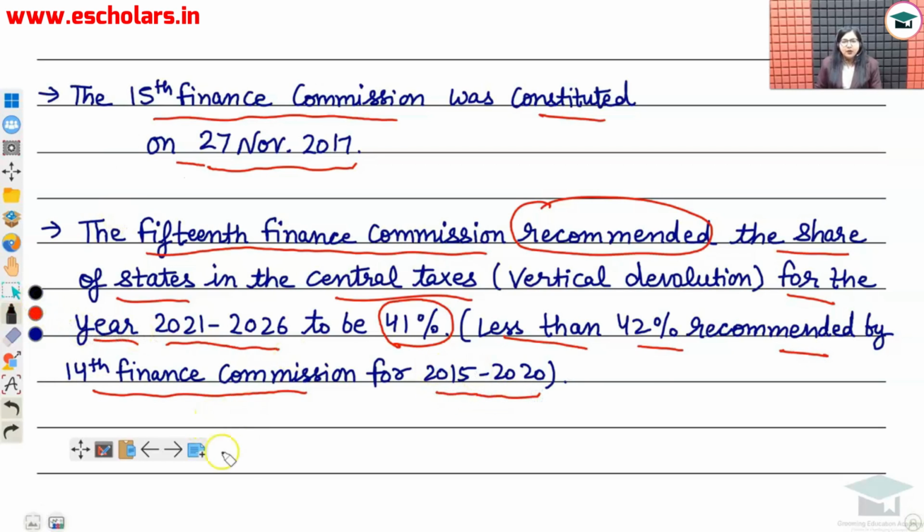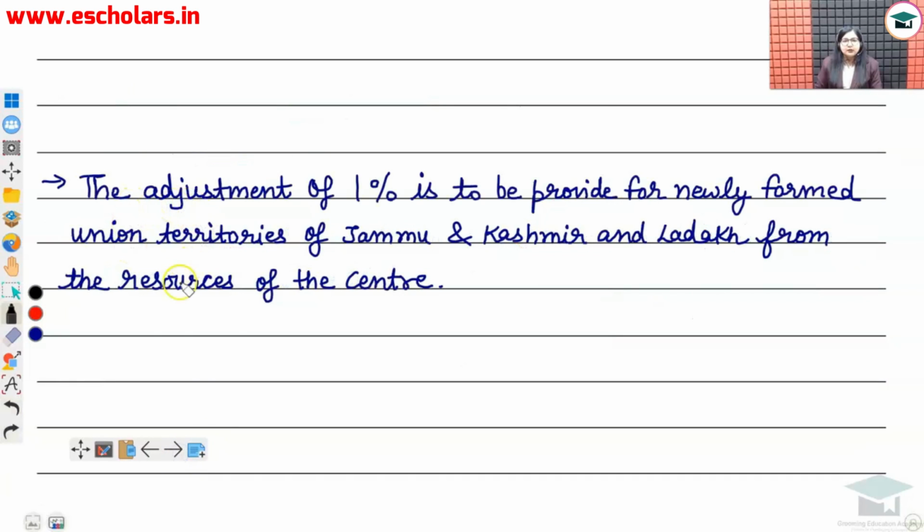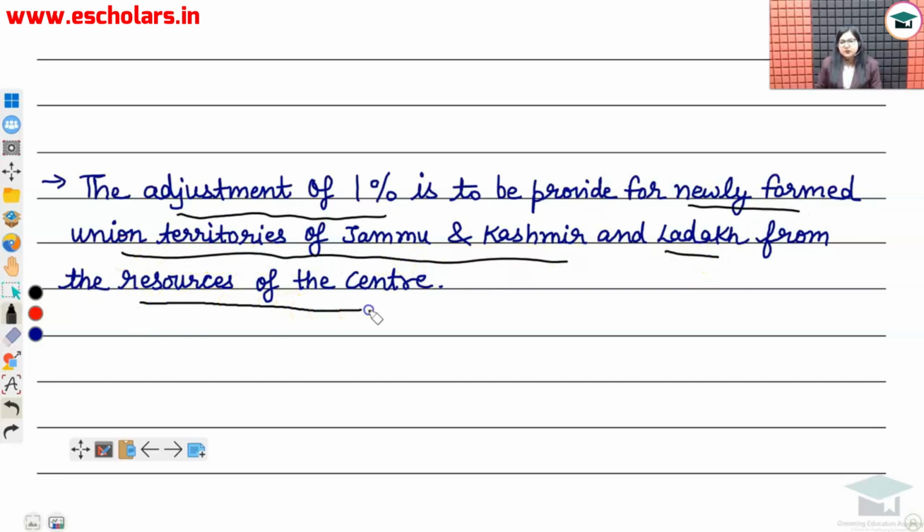Now, here we need to note that the decrease of 1% is what? There is an adjustment of 1% which is provided to the newly formed union territories of Jammu and Kashmir and Ladakh from the resources of the center.